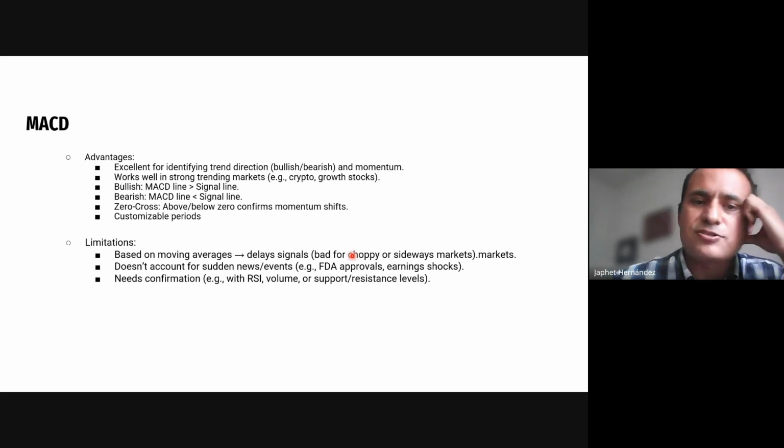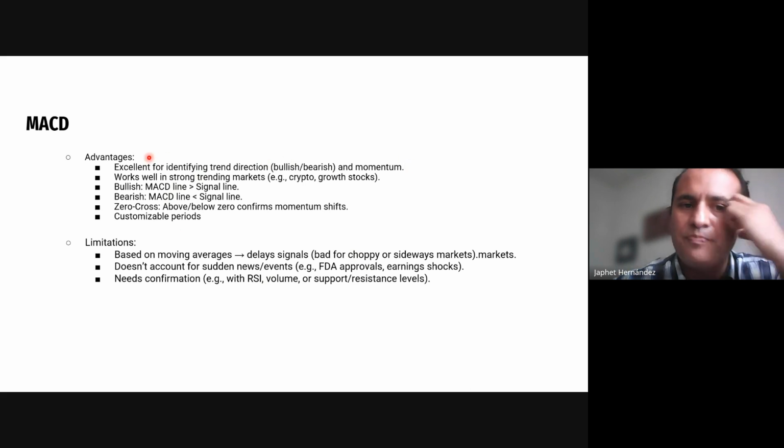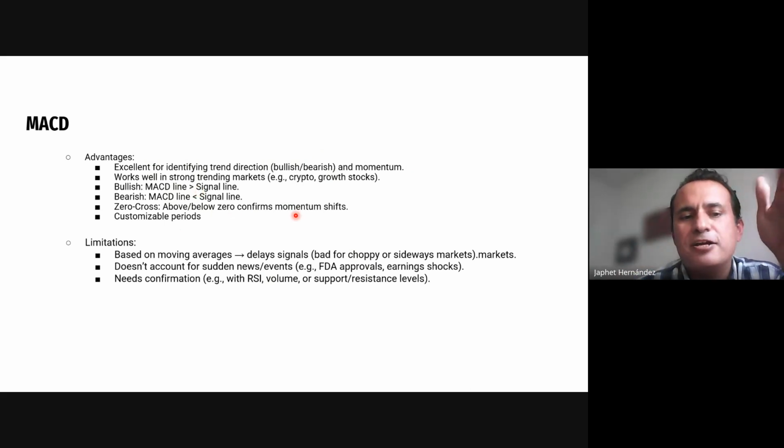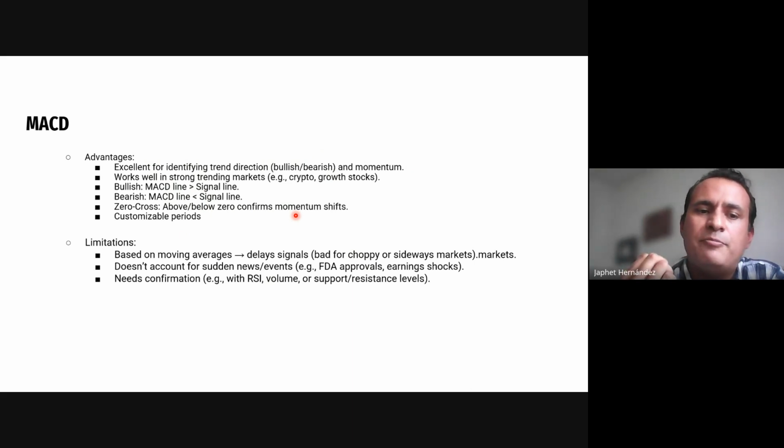So it identifies trend, direction changes, and momentum. And pretty much the logic behind it is, we will have two moving averages going on. One will be a moving average line, and the other one will be called the signal. Each time the moving average is greater than the signal line, we can call that a bullish trend.